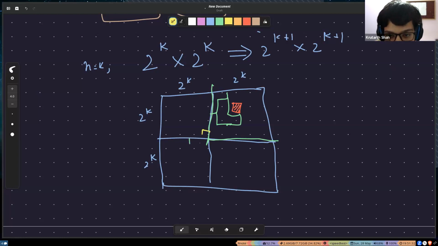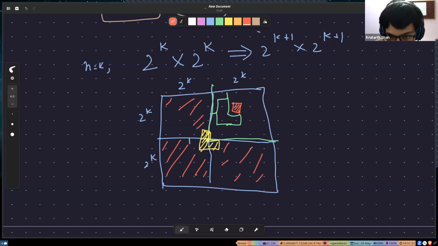So what we do for that is we take a tromino here, and we practically have just removed these squares. And now I'll just tile the other parts using trominoes. In this way, we can tile the entire board using trominoes.